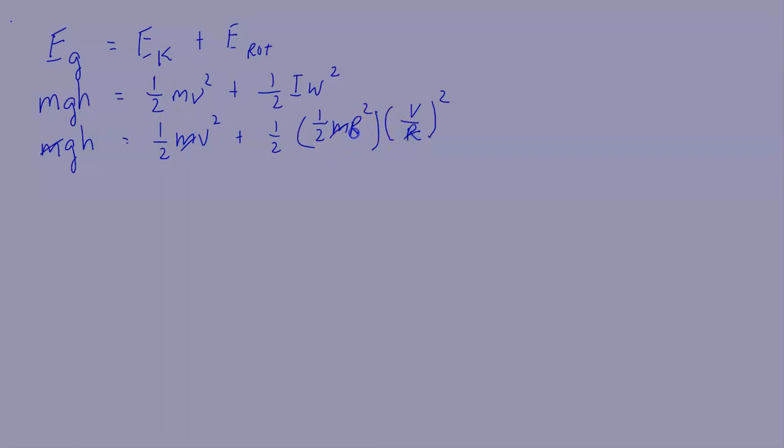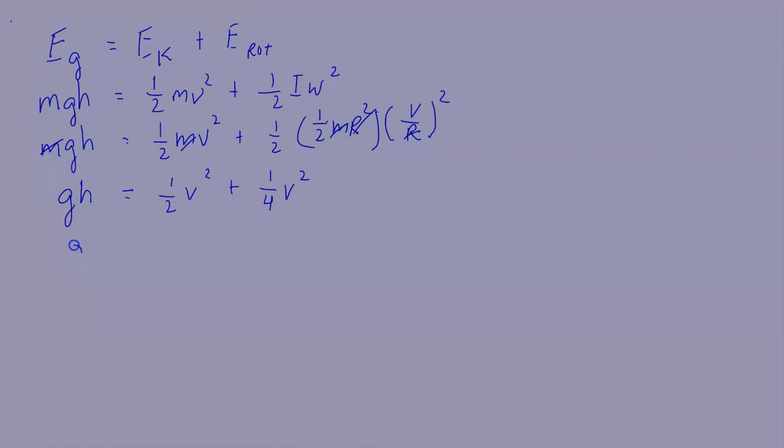R will cancel out right there, and it looks like nothing else cancels out. So we get g, we get g, and where'd my mouse go? Oh, there it is again. gh equals 1/2 v squared plus, is that 1/4? 1/4 v squared.